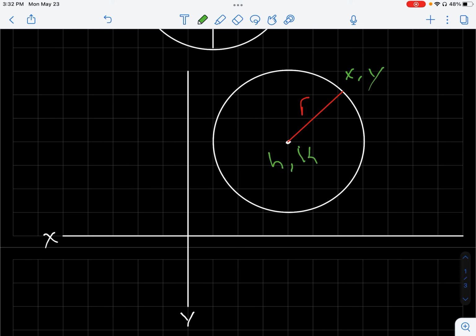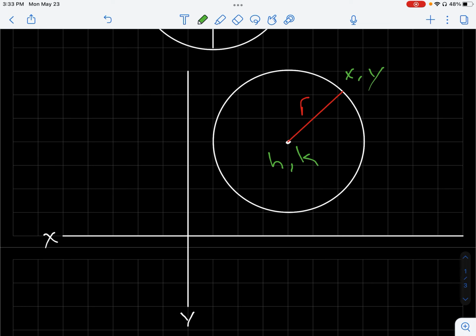So we're going to call the center of the circle h, k. And we're still going to call where the radius touches the circle x, y.